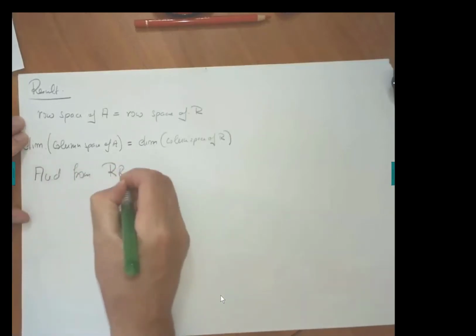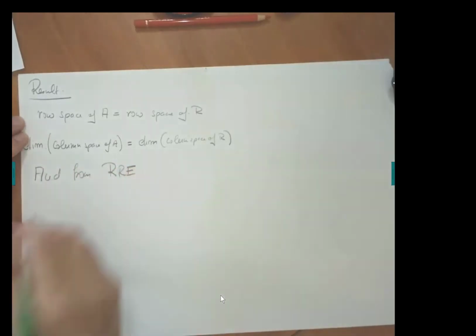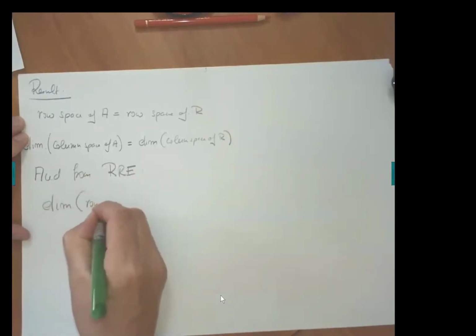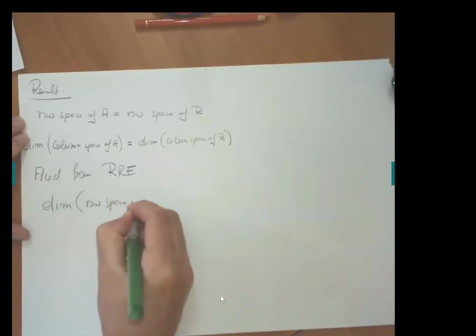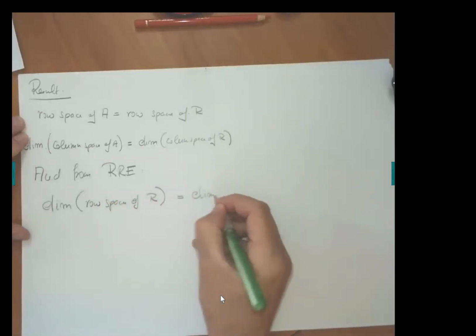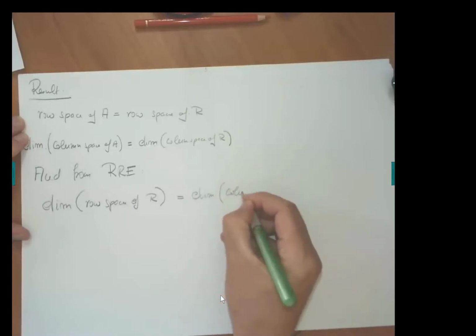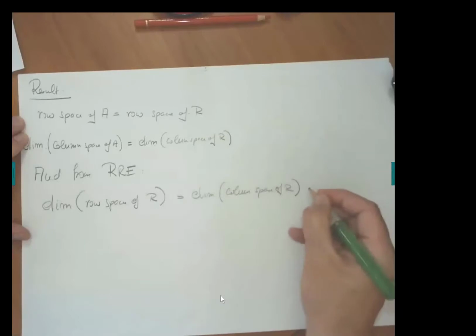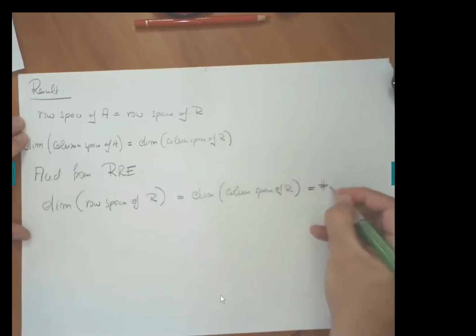From reduced row echelon form, we see right away that the dimension of the row space of R is equal to the dimension of the column space of R. And what is it always? The number of leading ones.